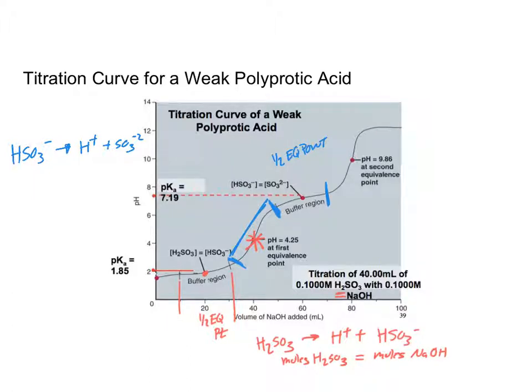But then when we get to the actual secondary equivalence point right here, this is when moles of HSO3 minus equal moles of NaOH. And at some point over here, it is completely deprotonated, and our primary species would be OH minus.